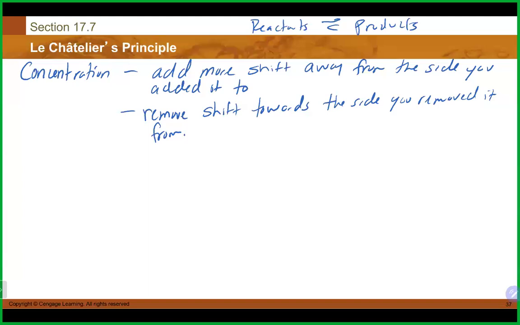To remove something, that's a little bit more tricky because we were usually talking about solutions where things are floating around. You can't just reach in there with your hand, hopefully, into the beaker and grab out some ion. So one very common way to remove something is to add something to the equilibrium that makes a precipitate, which is a solid.